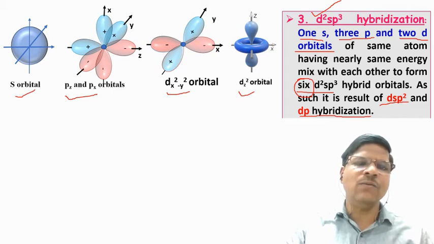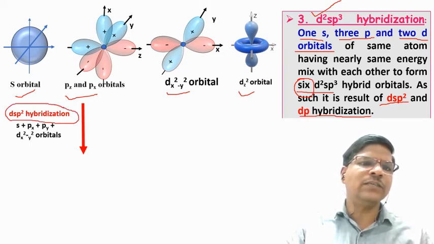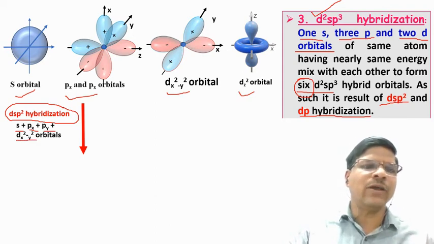Hence they are involved in the hybridization. Already I have told you that this is the result of two types of hybridization. So here we have the first type, dsp2 hybridization: s orbital, px orbital, py orbital and dx square minus y square orbital. These are the 4 orbitals.